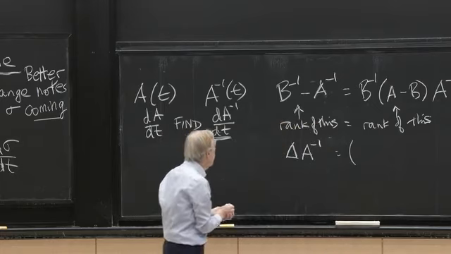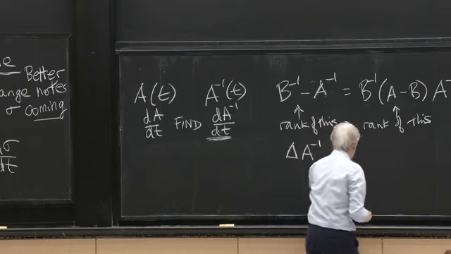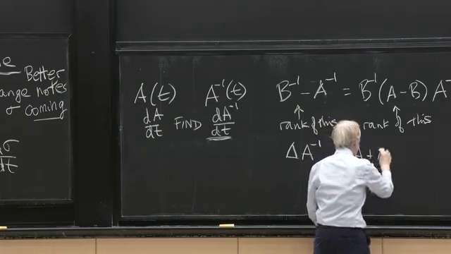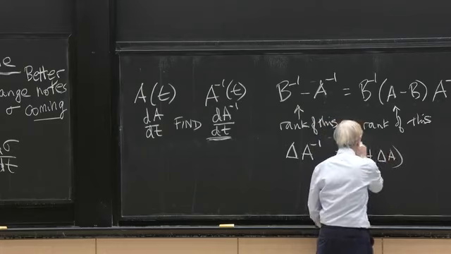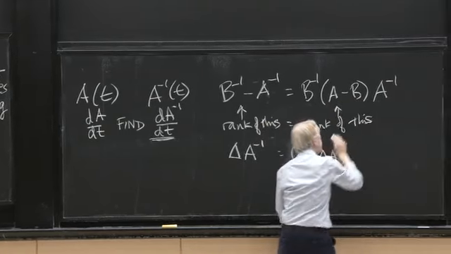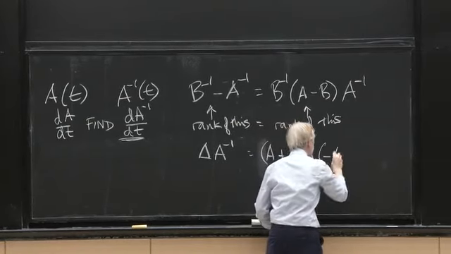Yeah. So B inverse will be, this is A plus delta A inverse. And this is, well, that's A minus B, so that's really minus delta A.